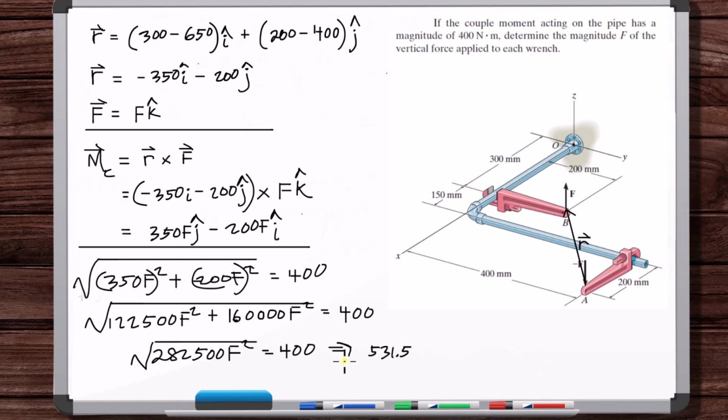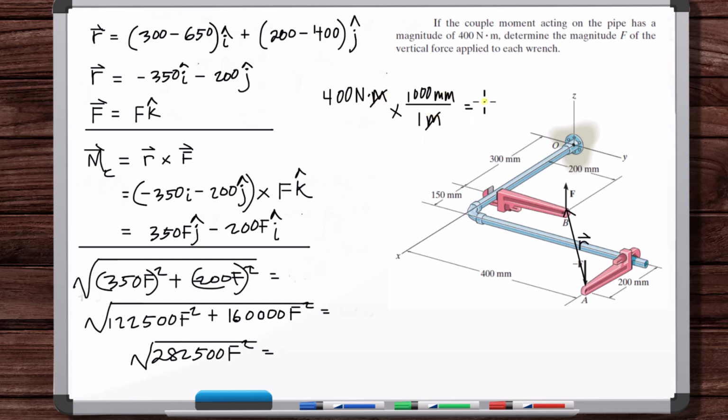Hold on. I messed this up. We need to change this 400 to Newton millimeters because all of this, the 350 and so on, is in millimeters, right? So I didn't have the units right. So 400 Newton meters times the fact that there are 1,000 millimeters in 1 meter is 400,000 Newton millimeters.